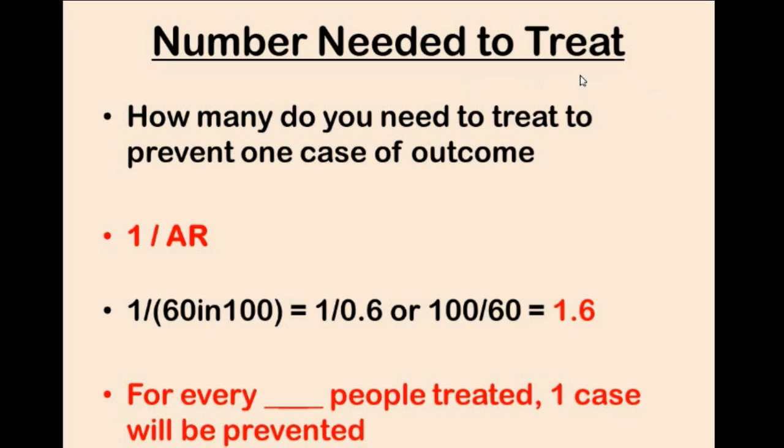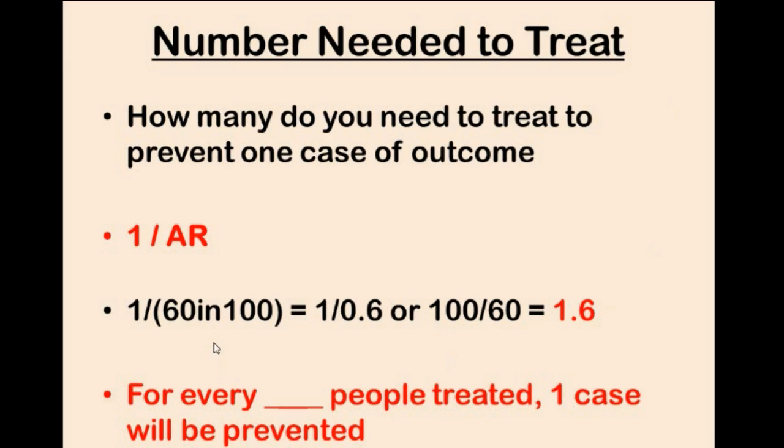The last thing to talk about is number needed to treat. Number needed to treat tells you how many people you need to treat or do something to in order to prevent one case of the outcome. There is an equation for it, and the equation is 1 divided by attributable risk. So for example, in the previous question, our attributable risk was 60 in 100. So 1 divided by 60 in 100, which is basically 1 divided by 0.6, gives you 1.6.